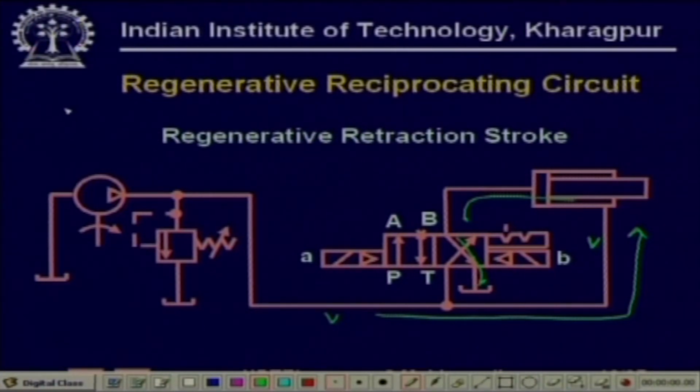Naturally this will be (A minus a) into x, suppose it moves distance x. So if this is V, suppose the area ratio is half, then this side it will be K into V.